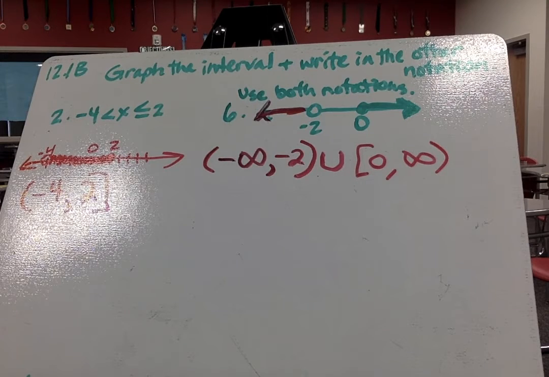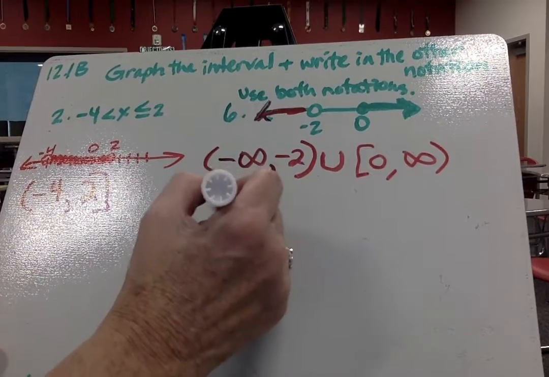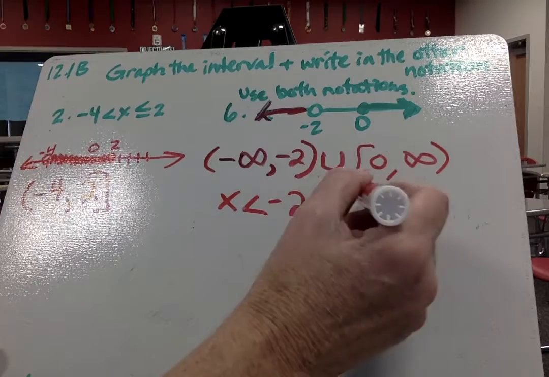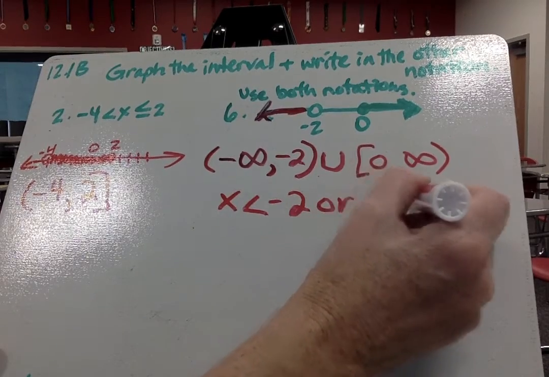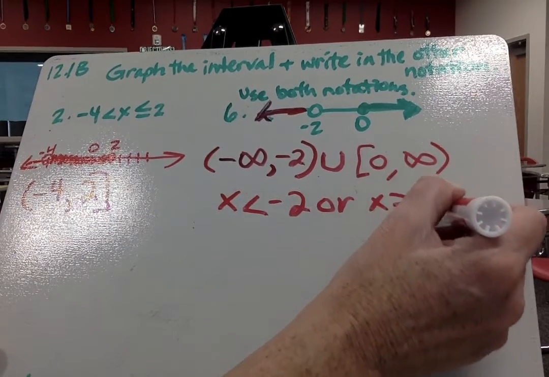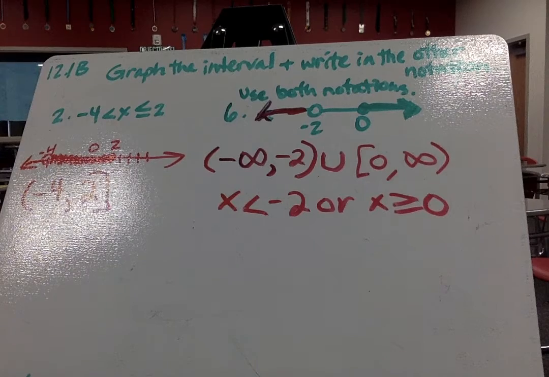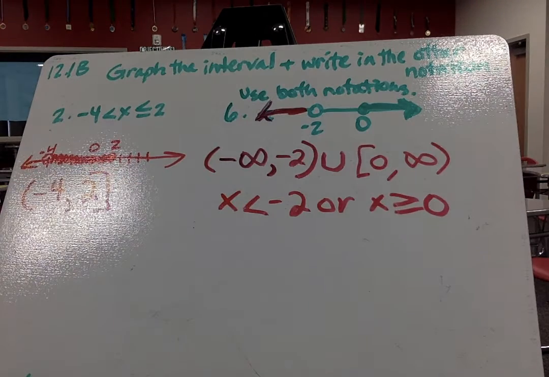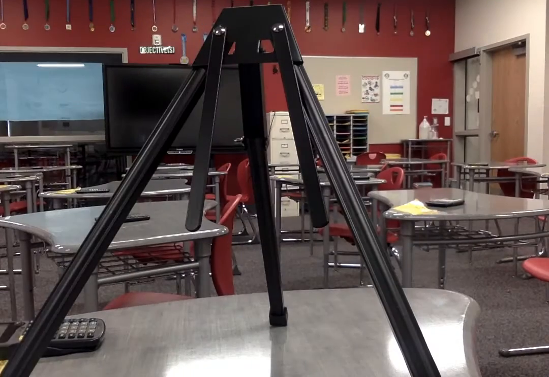So that's interval notation. Now we're going to have to do it in inequality notation. We say x is less than negative 2 or x is greater than or equal to 0. And that's all you do with that one. So again, interval notation, inequality notation. Okay? All right, let's go on to the next page.